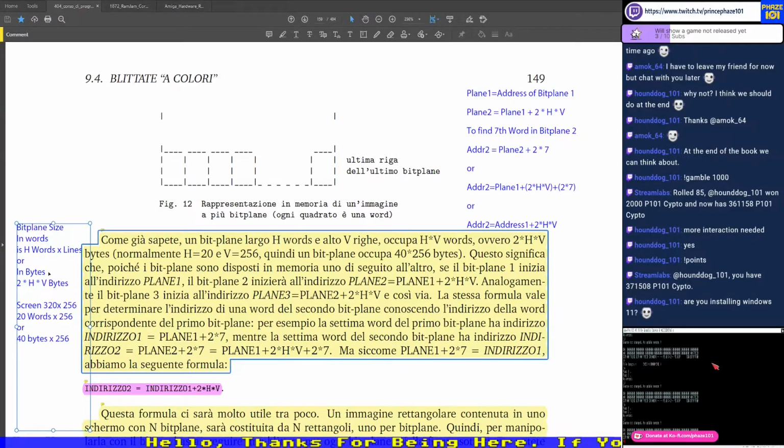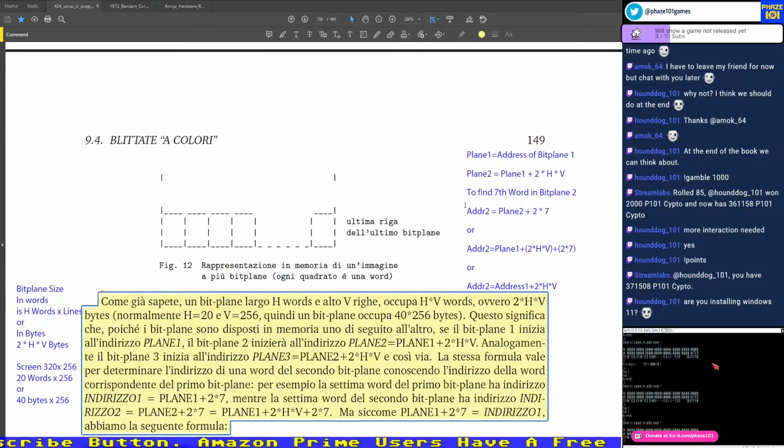So in bytes, that is 2 times H times V. Remember, H is in words, we do times 2, so we get it in bytes, and then times the number of lines that we have. That is how we calculate the size of a bit plane. So if we had a screen of 320 by 256, we have 20 words by 256, or 40 bytes by 256. We have done this several times now.